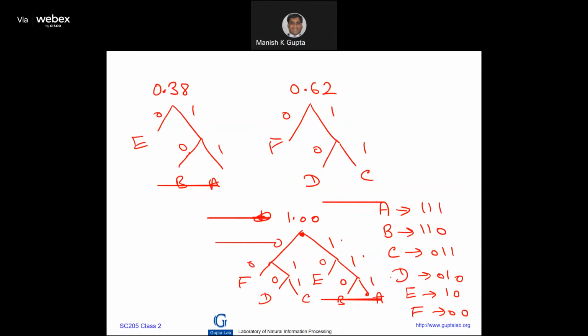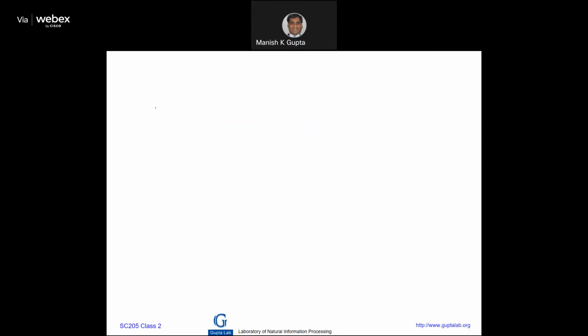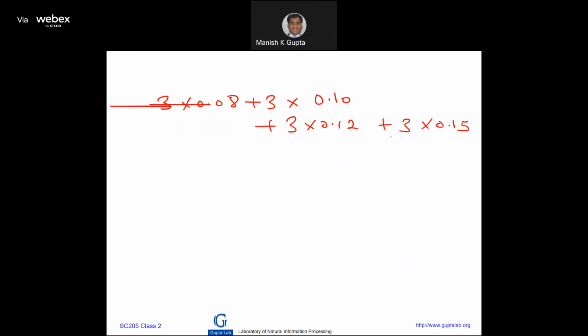So this will be something like, 3 bits for A, 3 bits for B, 3 bits for C, 3 bits for D, 2 bits for E and F. So average number of bits will be 3 into 0.08 plus 3 into 0.10, 3 into 0.12 plus 3 into 0.15 plus 2 into 0.20 plus 2 into 0.35. So this turns out to be 2.45 bits, right?